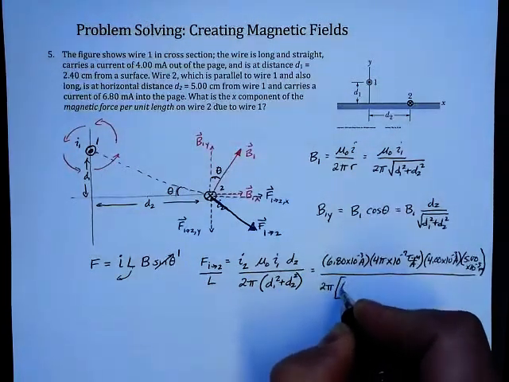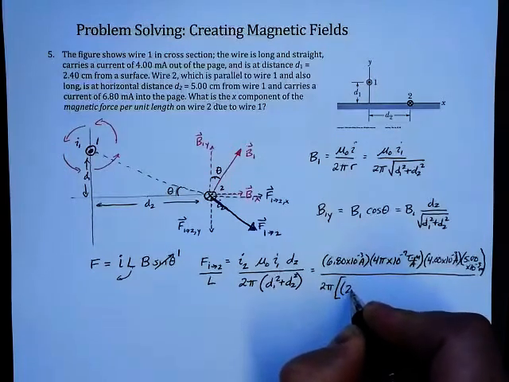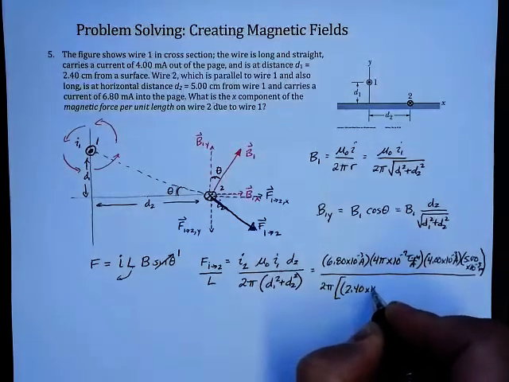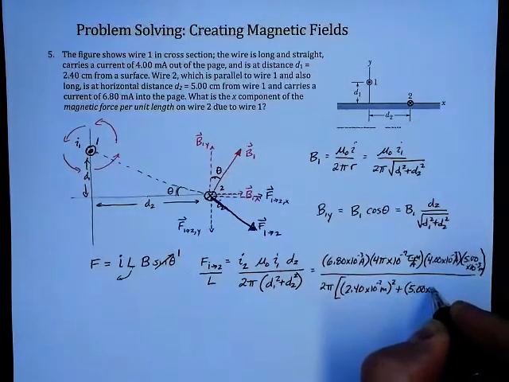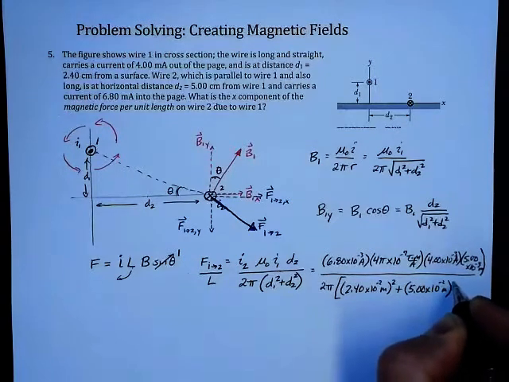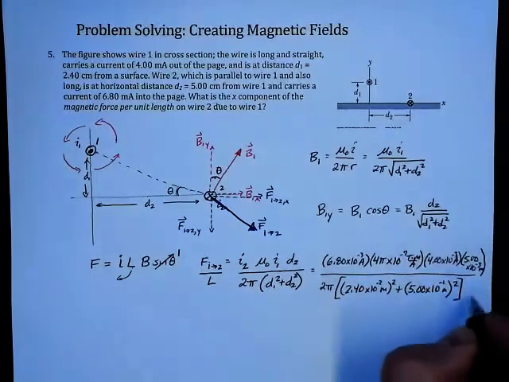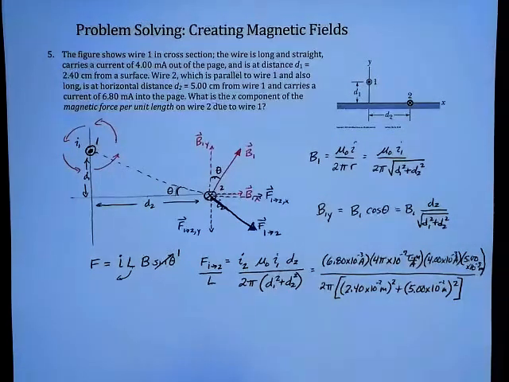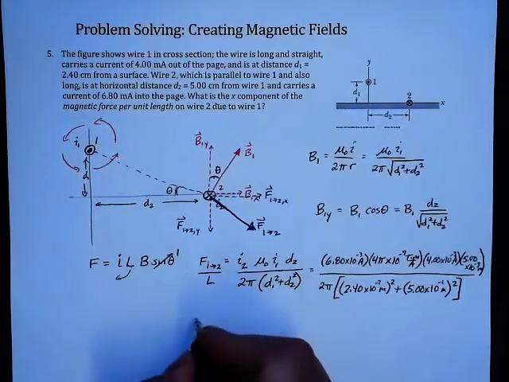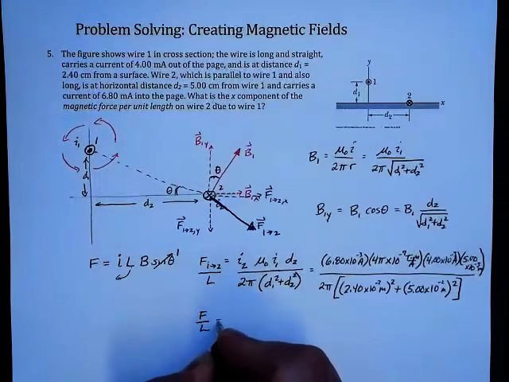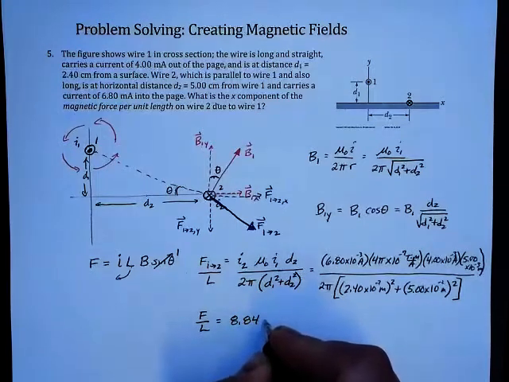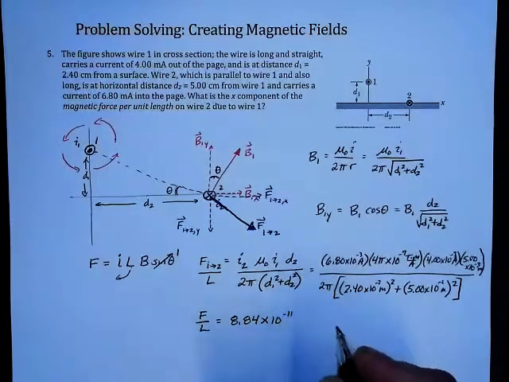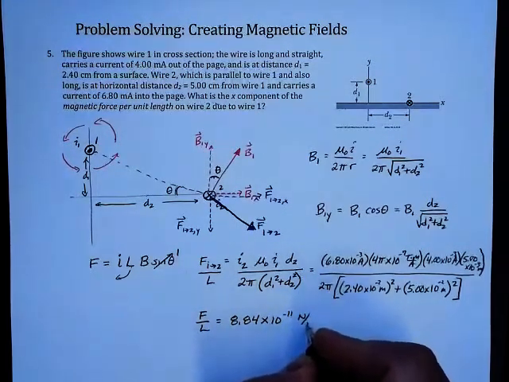And then here I've got 2.4 centimeters, converting to meters, squared, plus 5 centimeters, again converting to meters, squared. And there we go. Punch all that into a calculator, and I come out with the force per length being 8.84 times 10 to the minus 11 newtons per meter.